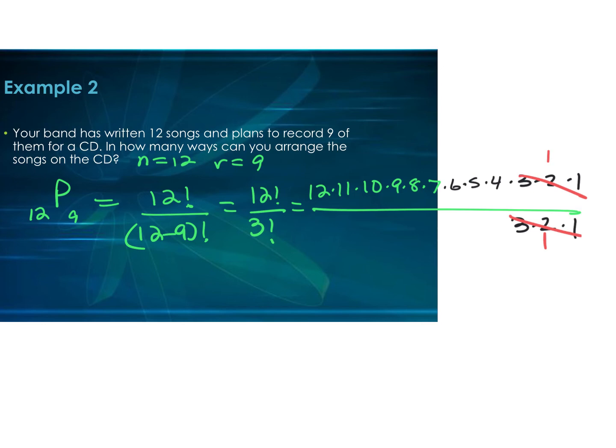And now I'm left with multiplying 12, 11, 10, 9, 8, 7, 6, 5, 4. And this is going to give me 79,833,600 ways to arrange the songs.